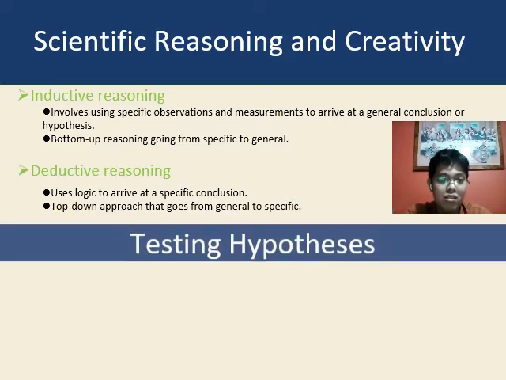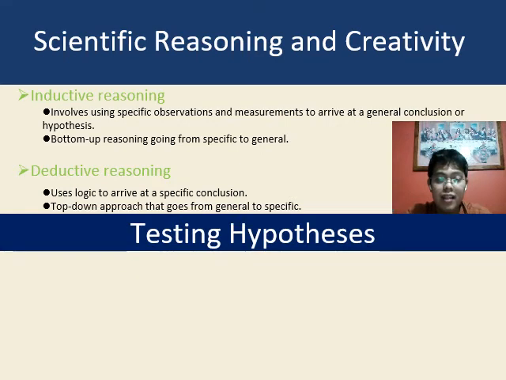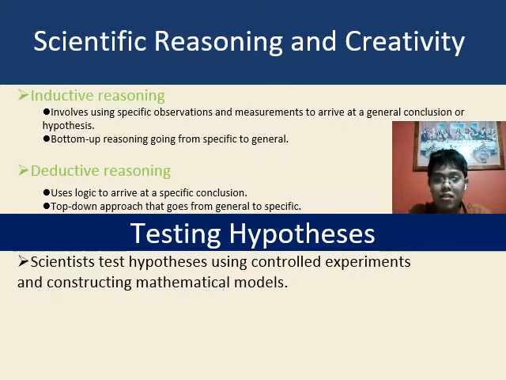And also, scientists test hypotheses when conducting research. So when they want to know something, one important factor in research is testing hypotheses. So scientists test hypotheses using controlled experiments and constructing mathematical models. Variables or factors influence natural processes, just like our core case study.